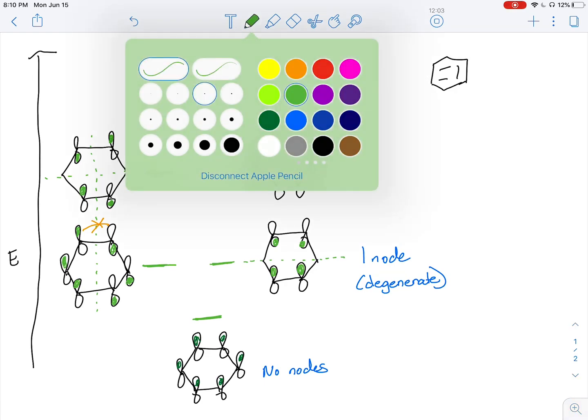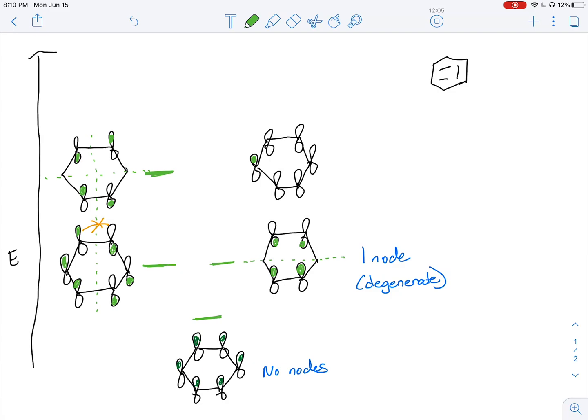Where this orbital is not going to overlap with these, but these will overlap with each other, and then this will not overlap here. So we see a node right here, and we see a node right here, right? So that would be another molecular orbital. And if we look at that, then that means that both of these have two nodes, which would again be degenerate, which means equal in energy here.